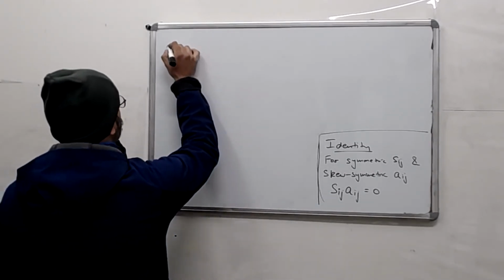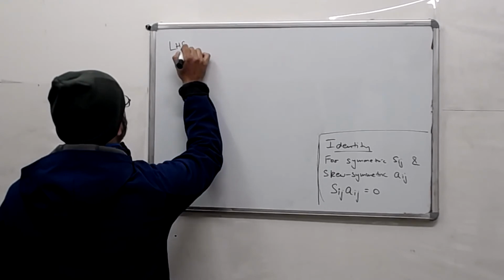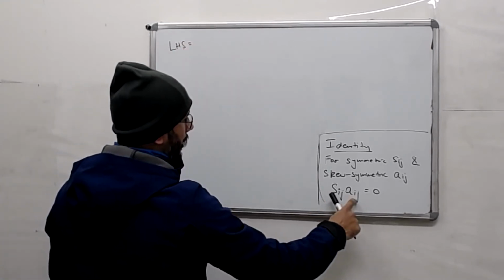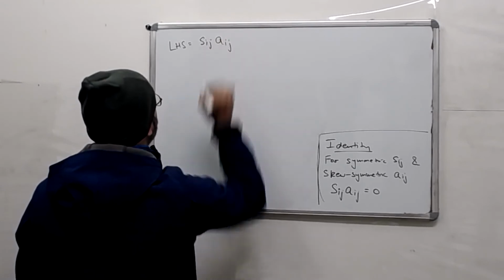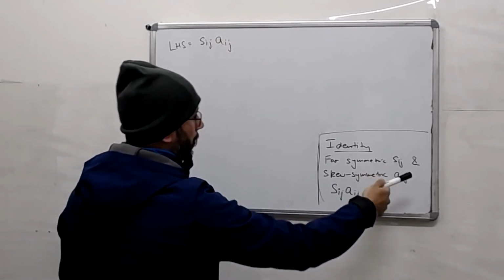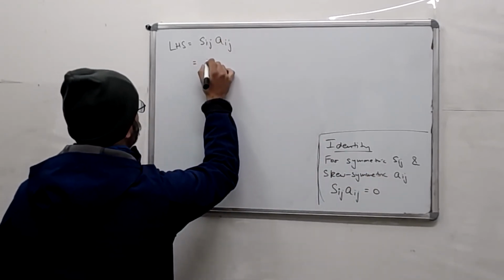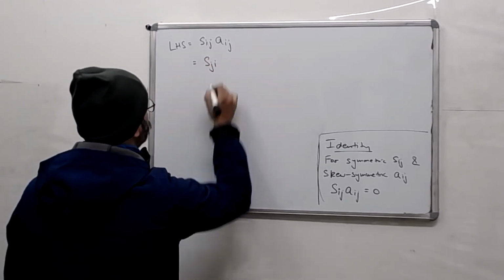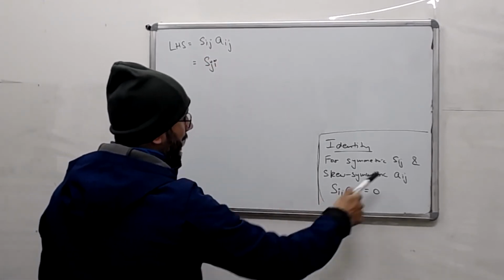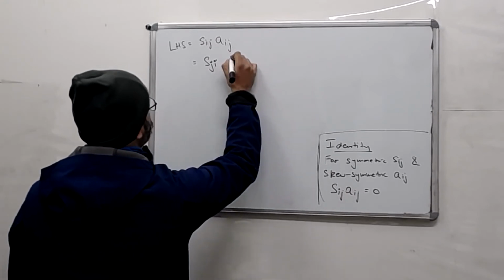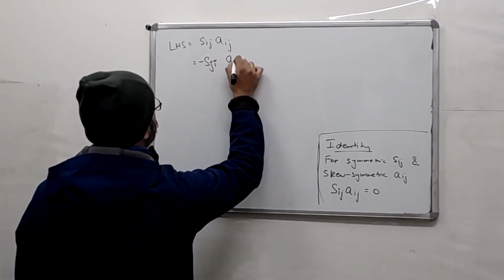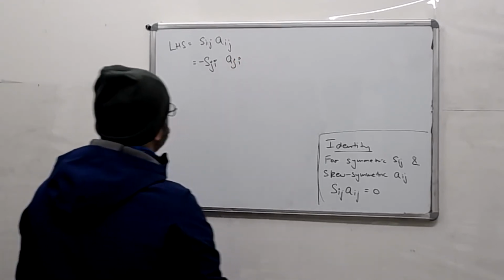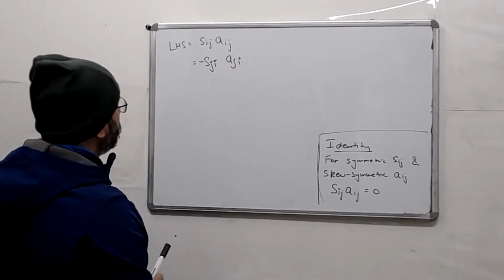Let's start with the LHS. The LHS is S_ij A_ij. Now S is symmetric, so I can replace S_ij with S_ji, it's allowed, and A is skew symmetric, so A_ij is equal to minus A_ji.